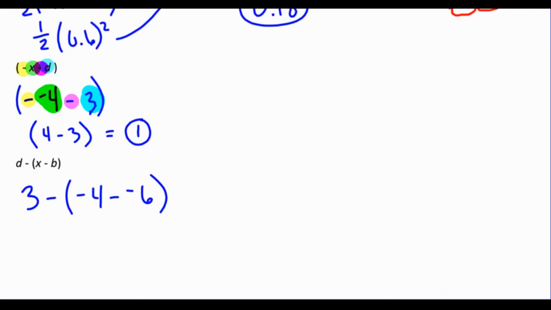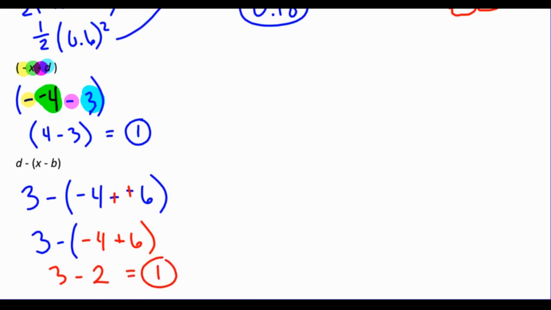So within my parentheses here, I have -4 minus a -6. Remember from past videos, I can add the opposite here and do -4 plus 6. So now I have 3 minus a -4 plus 6 is 2. So this also evaluates to 1, like the last question.